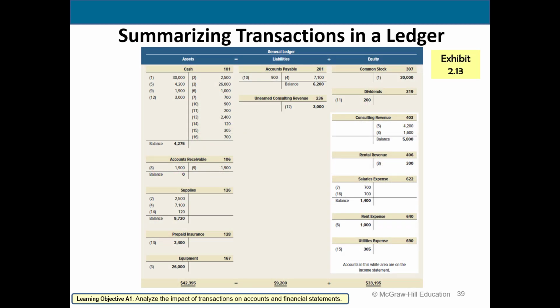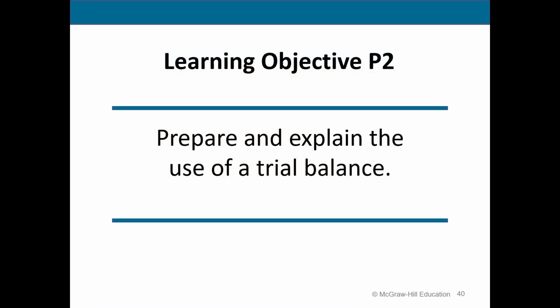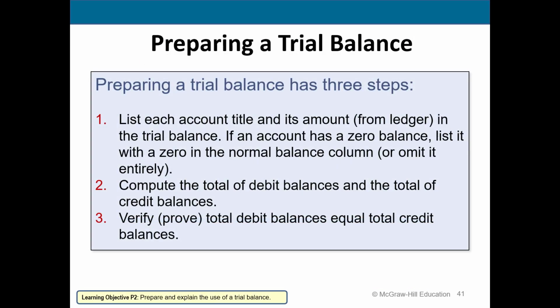This is a summary of all of the transactions, as you can see in T accounts in the general ledger. Now we're going to look at a trial balance. So a trial balance has 3 steps. First, we will list each account and the amount from the ledger.